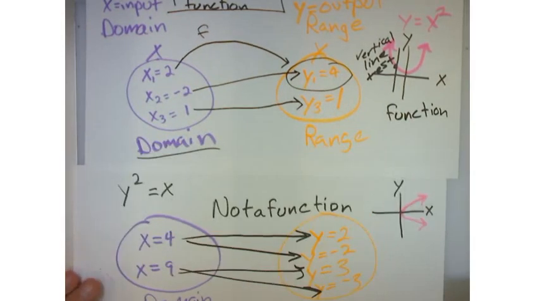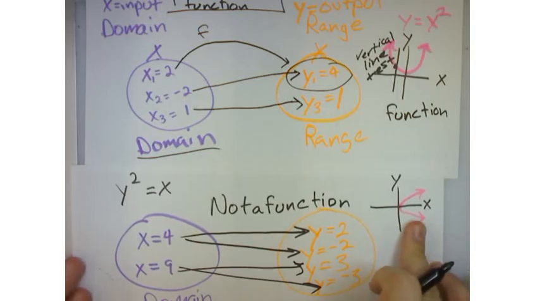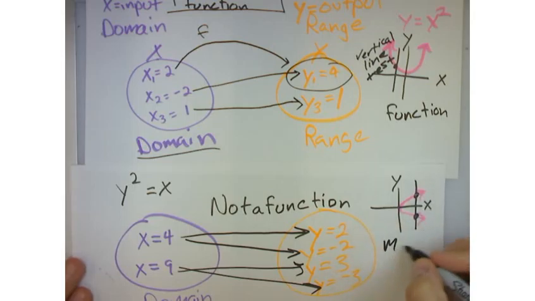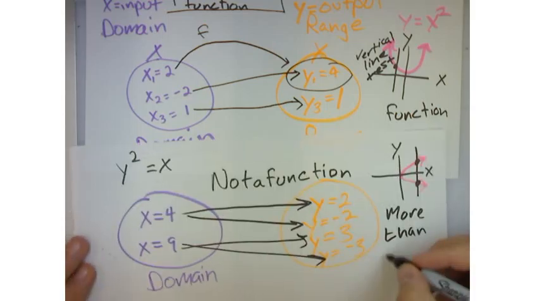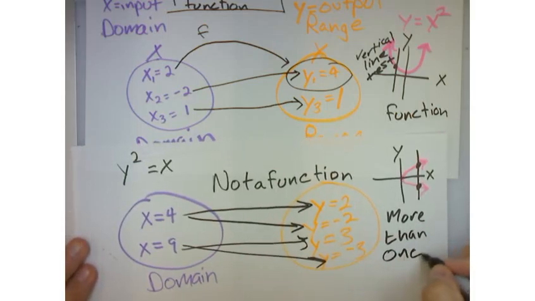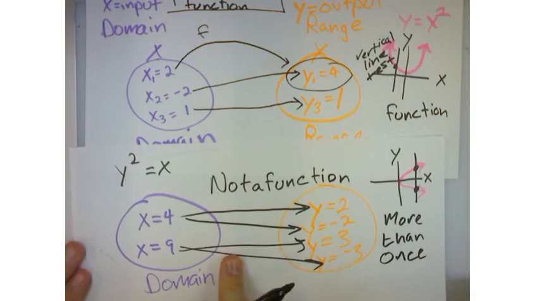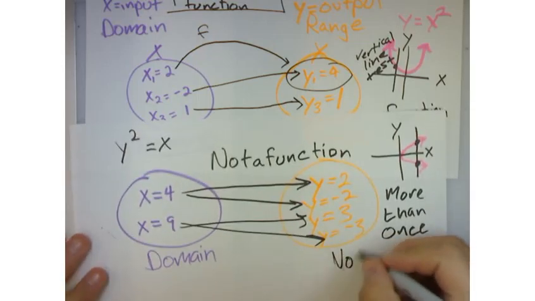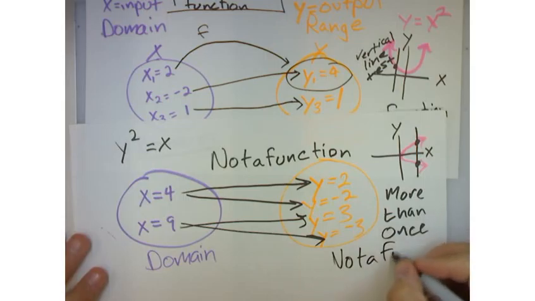However, this is a true mathematical relationship, but if I drop a vertical line through it, it intersects more than once. This and this are saying the same thing, sort of. And so, since it intersects more than once, we have to say not a function. It's a mathematical relationship, but it is not a function.